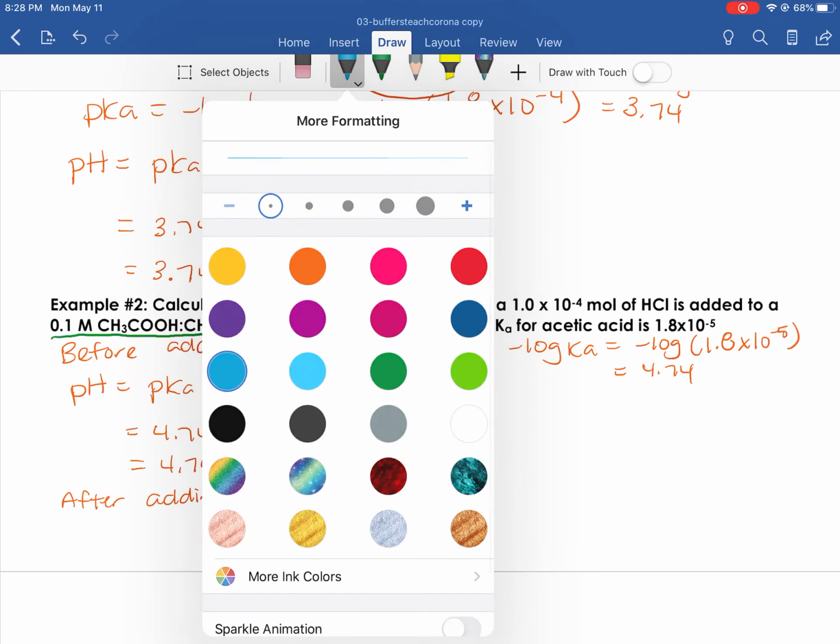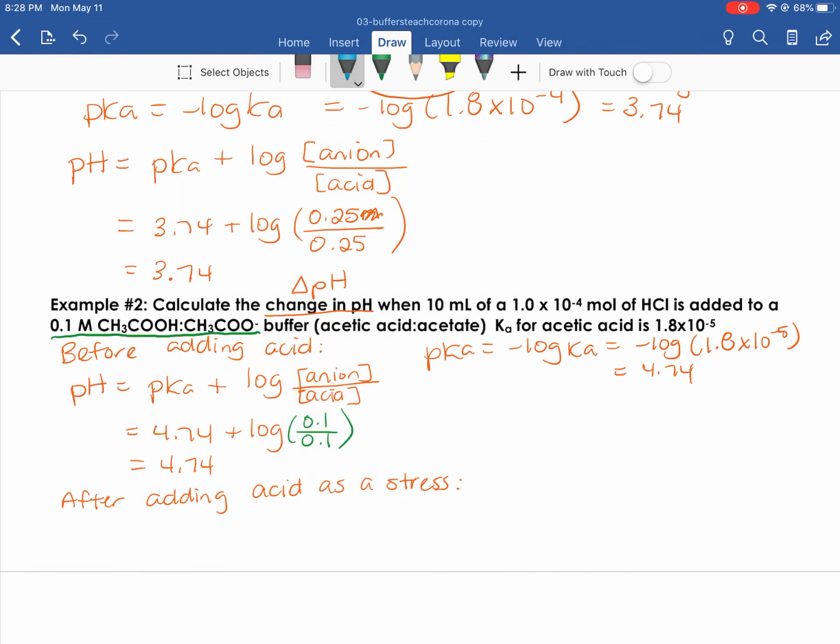Okay, so a couple of things if you want to make notes for yourself, maybe choose a different color. I'll choose blue. Okay, so like I said, only strong acid-base stresses, because we want 100% dissociation.